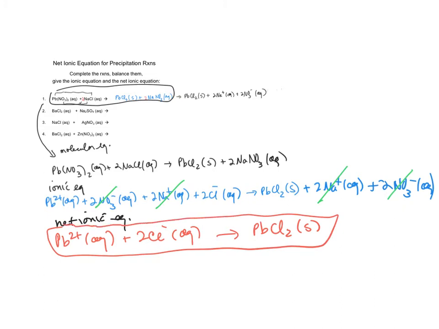You could put lead nitrate, here you have lead nitrate. You could put lead, I don't know, lead sulfate, or lead iodide, things like that. In other words, it doesn't matter what this one is.